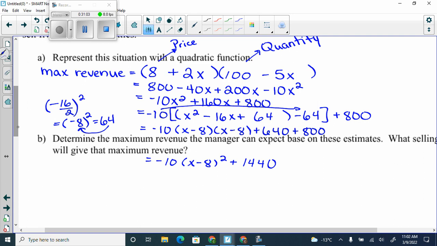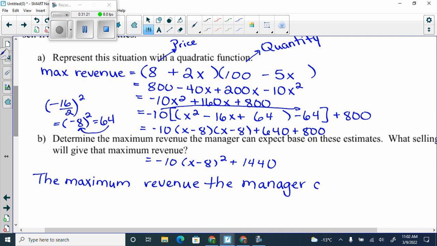So they asked us for maximum revenue, so we're going to say the maximum. It's great. You just rewrite the sentence or the question. Maximum revenue the manager can expect based on the estimates. You see how I'm literally just rewriting it?